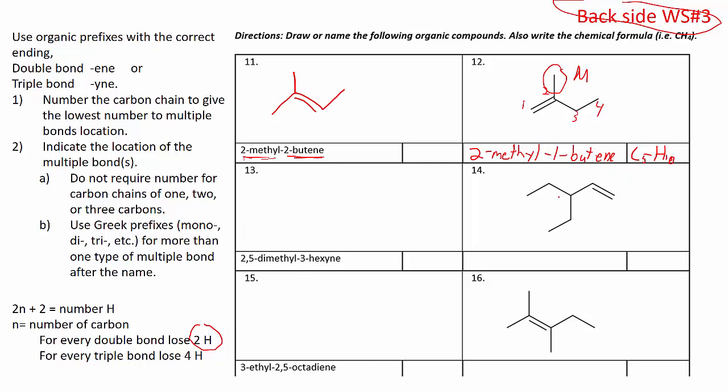Try one more. So we need to first off find the longest carbon chain. So 1, 2, 3, 4, 5, but we want to start numbering so that we start with the lowest number first in our side chain, the ethyl group.